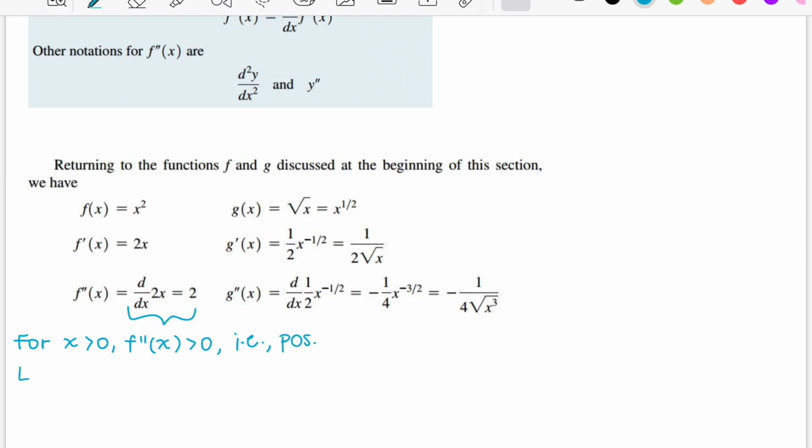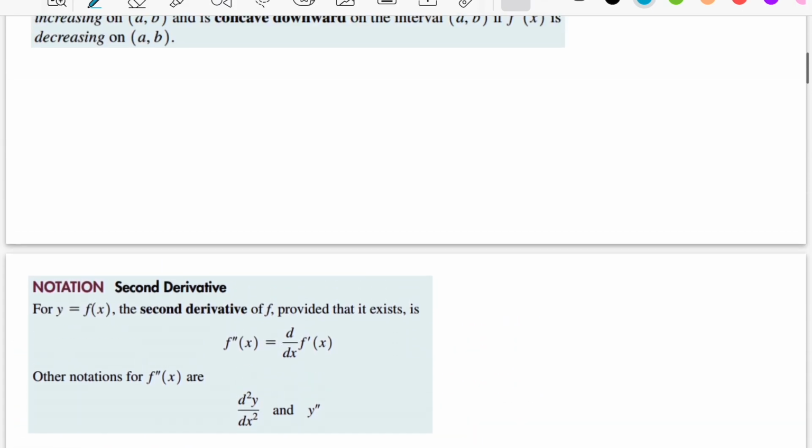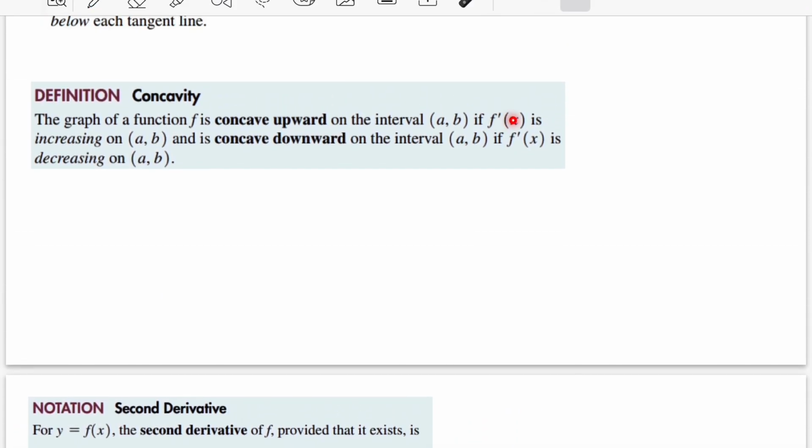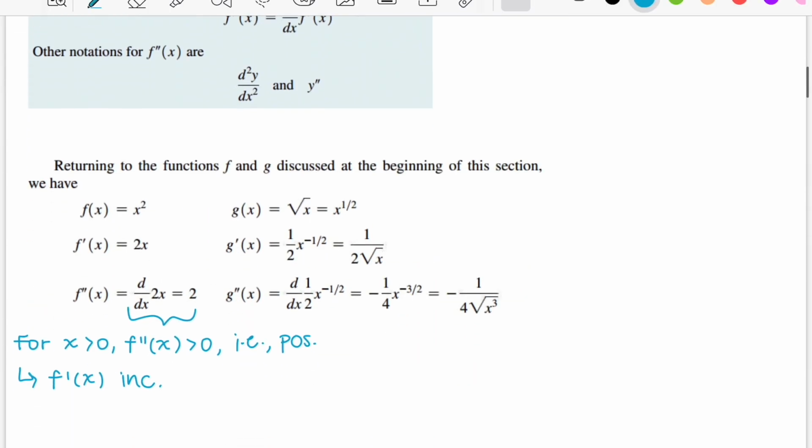Now in this case, if our second derivative is positive, this tells us that our first derivative is going to be increasing. Just like how we saw in the last video, if our derivative is positive, then our function is increasing. And we just saw that if our derivative is increasing, then our function is concave up. So we'll say, in this case, f of x is concave up.